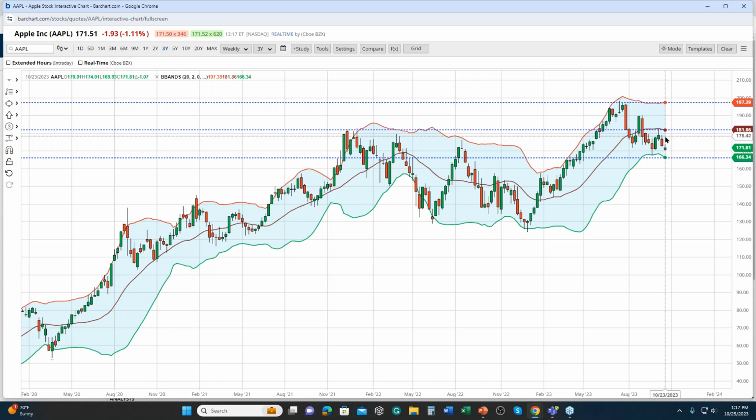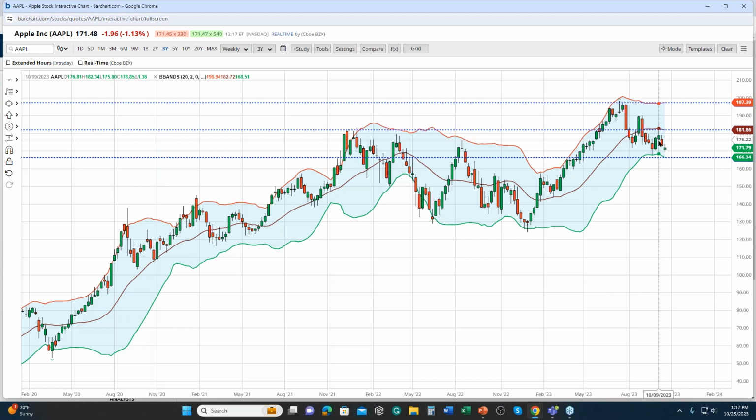We're kind of bouncing between the middle of the road or middle of the track and our lower band. Now, typically that would be an indication of a slightly bearish price action. But if we bounce off the outer band, that could also be an indication that we could revert back to the mean. But right now, we're just in the middle of the lower range of our Bollinger Bands.